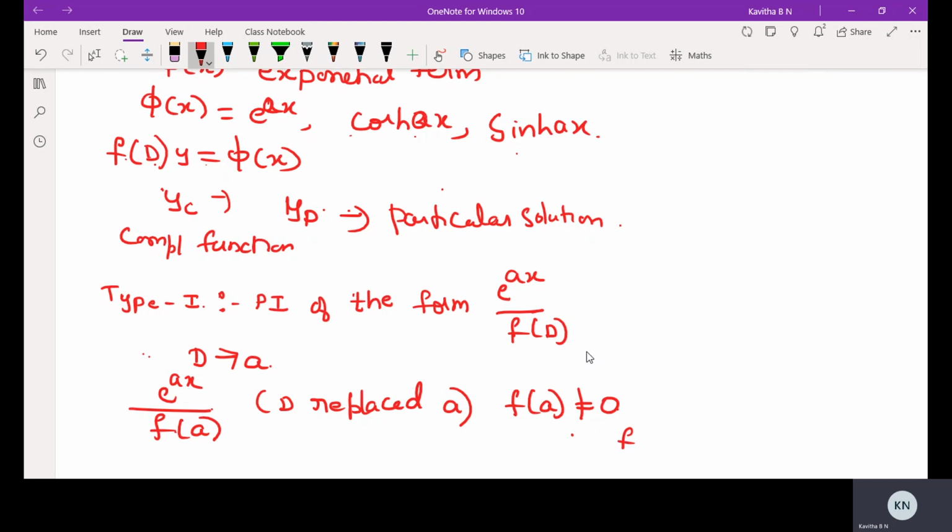If f of a is equal to 0, what will happen? e to the power of ax by 0 becomes undefined, and we are not getting any solution.